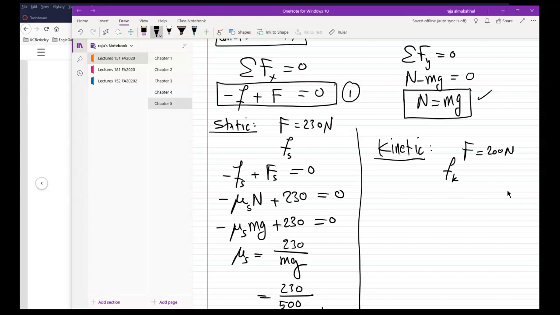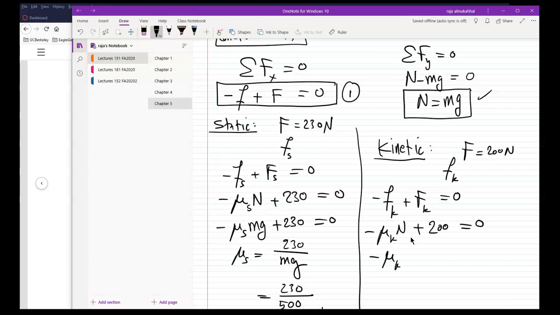So, again, I'm going to do the same thing. So it's going to be minus F. Again, I'm using this equation. Plug it in here. So minus F sub K plus big F sub K equals 0. And plug it in. So I'm going to have minus mu sub K n plus 200 equals 0, minus mu sub K, excuse me.